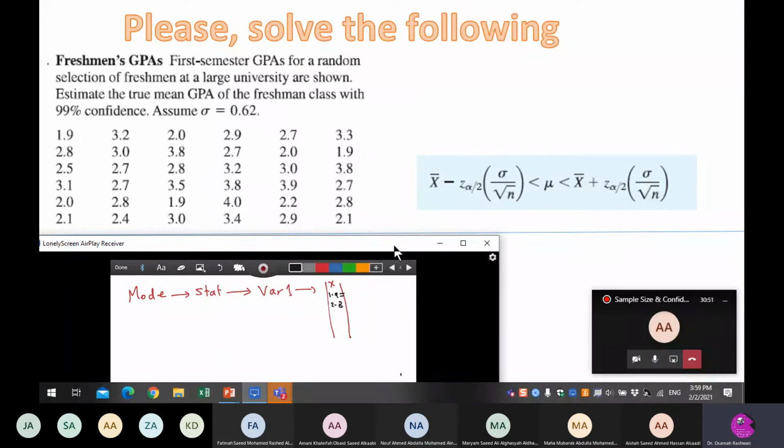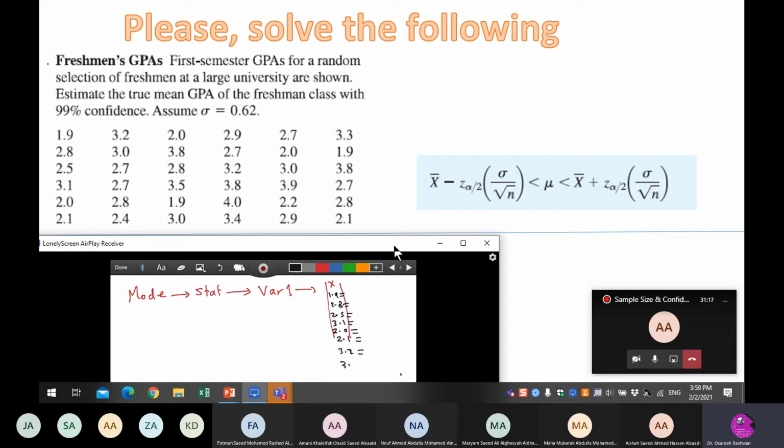Use your calculator, please, to give me the right answer. And then press equal, 2.5 equal, 3.1 equal, 2.0 equal, 2.1 equal. Okay, let's go. 3.1 equal, 3.2, sorry.